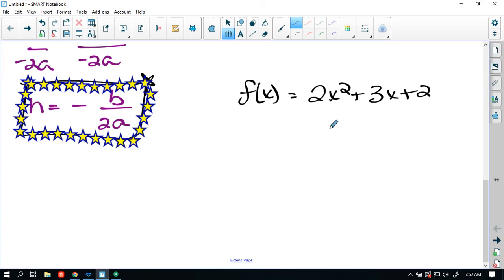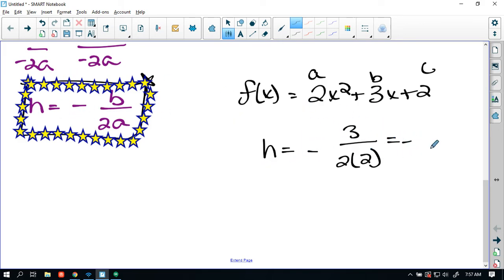So in this case, if I have this standard form, I could find h extremely easily as long as I know that this is a, this is b, and this is c. So this is negative 3 over 2 times 2, and the negative is in the formula, so make sure that follows through. So this is negative 3/4. This would be my h, my horizontal translation.